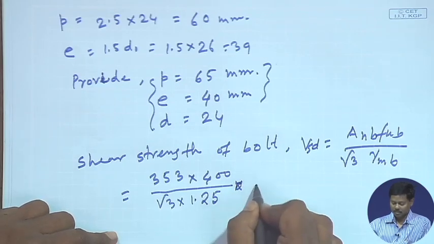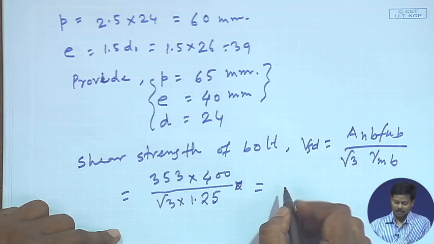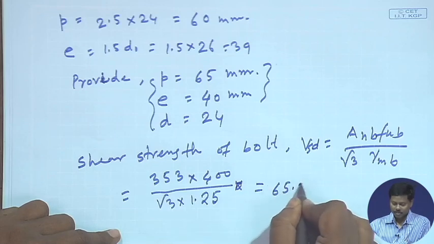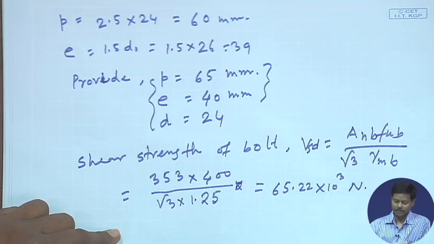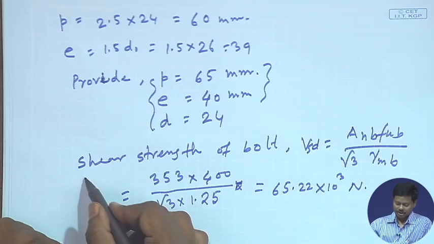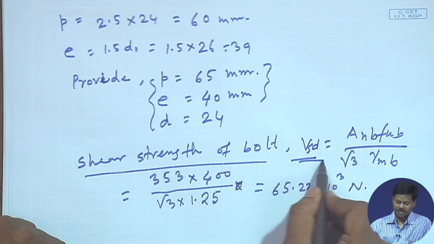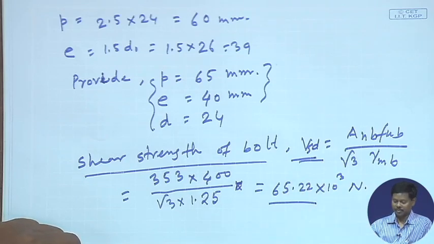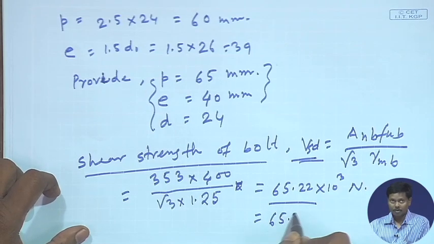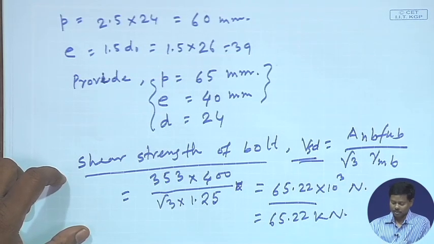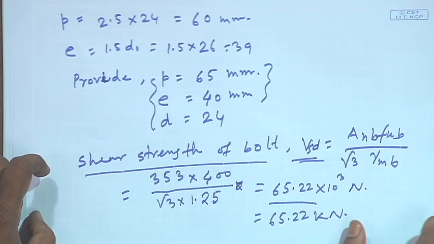This is coming as 65.22 into 10 to the 3 Newton, or 65.22 kilonewton. So, shear strength of bolt we can find out on the basis of bolt diameter, 24 mm.